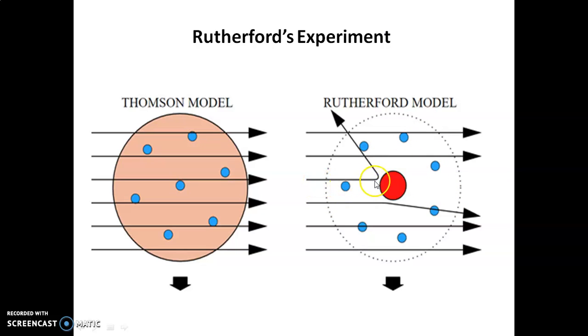It was seen that some of the particles got turned away by quite a big angle, as shown in this picture on the right hand side, and it clearly indicated that the atom is not what Thomson had said, but it is like this, with the whole positive charge concentrated at the middle, with the electrons or the negative charges surrounding it.